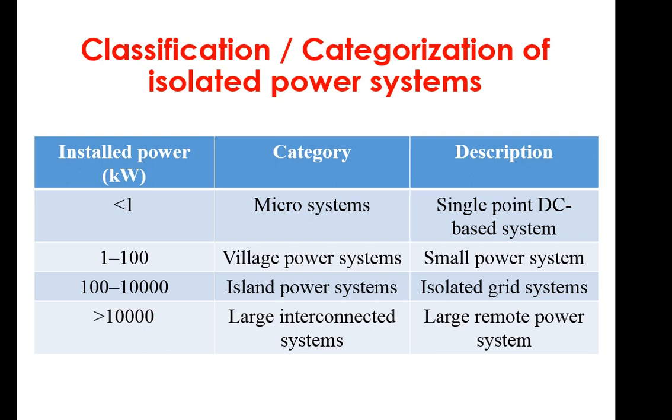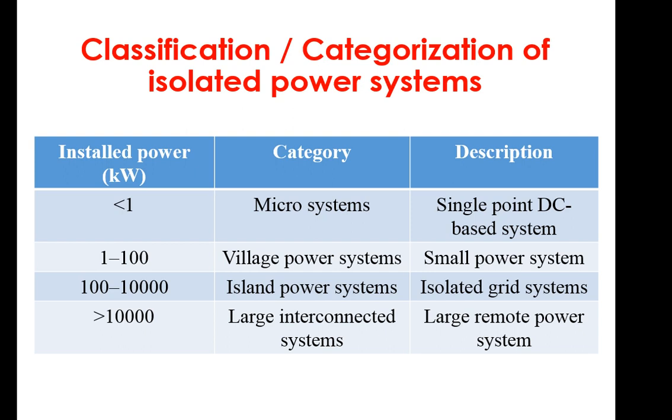Now we have the classification or categorization of the isolated power system. If it is less than 1 kilowatt, it can be termed a micro system, a single point DC based system. If you have a 1 to 100 kilowatt system, we have the village power system or small power system.